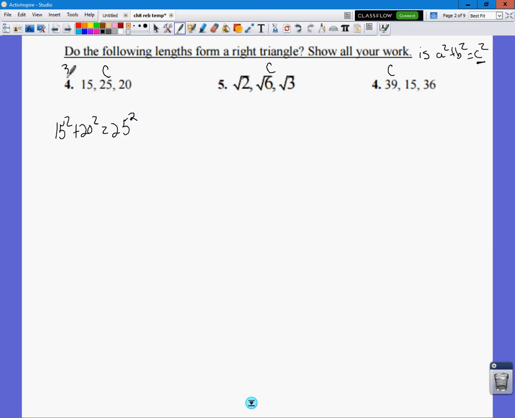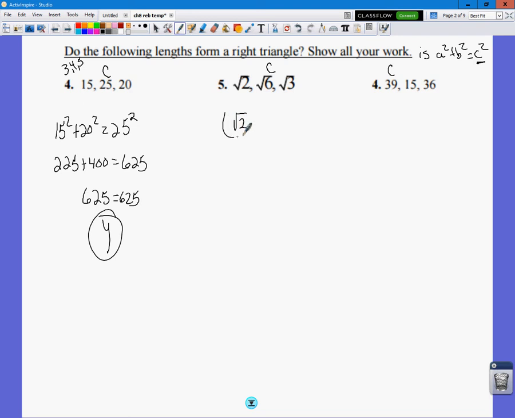This is one of the Pythagorean triples that we talked about. It's a 3, 4, 5 triple. 15 squared is 225. 20 squared is 400. 25 squared is 625. Since 625 is equal to 625, then yes, this is a right triangle.